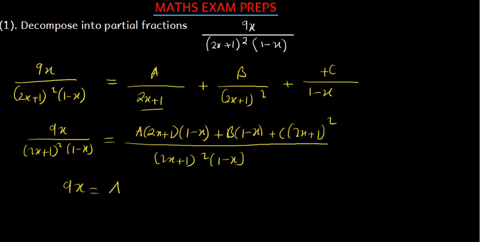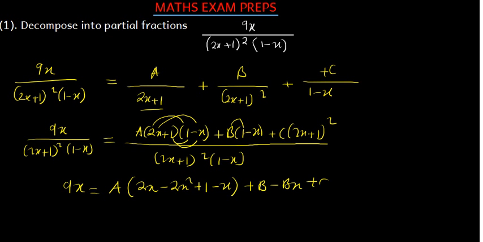Means 9x should be equal to A, I can multiply 2x by 1, that's going to be 2x, by negative x, it is negative 2x squared, 1 by 1, by negative x, and then we've got plus B times 1, that is B times x, that will be negative Bx, and then plus C, we expand (2x plus 1), just get the first one, square it, that is going to be 4x squared, and then multiply 2 by 2x by 1, that is going to be 4x, and then plus, get 1, you square it to just be 1.